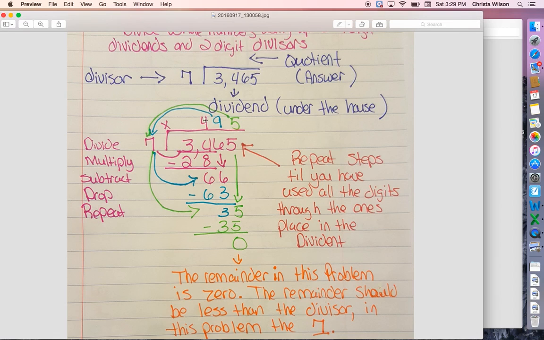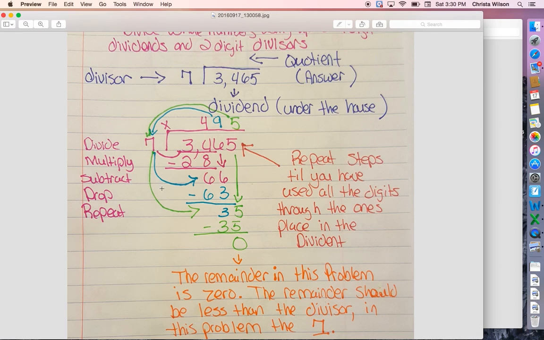So we've determined that it'll go 4 times. So we put the 4 up top in the quotient, multiply 4 times 7, and that's 28. Then our next step would be to subtract the 28 from 34, and that leaves us with 6. Then we drop down our next number, the 6, and we start all over again.